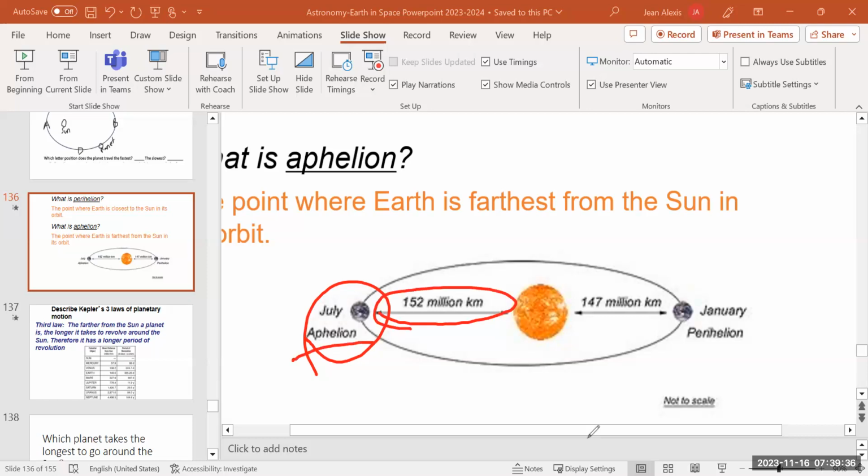That's why we call this position aphelion, representing the point where Earth is farthest from the sun. If at this point you are farthest from the sun, then Kepler's second law states that you're also going to be the slowest. You're going to have the slowest speed to go around the sun. So that answer is choice 2.